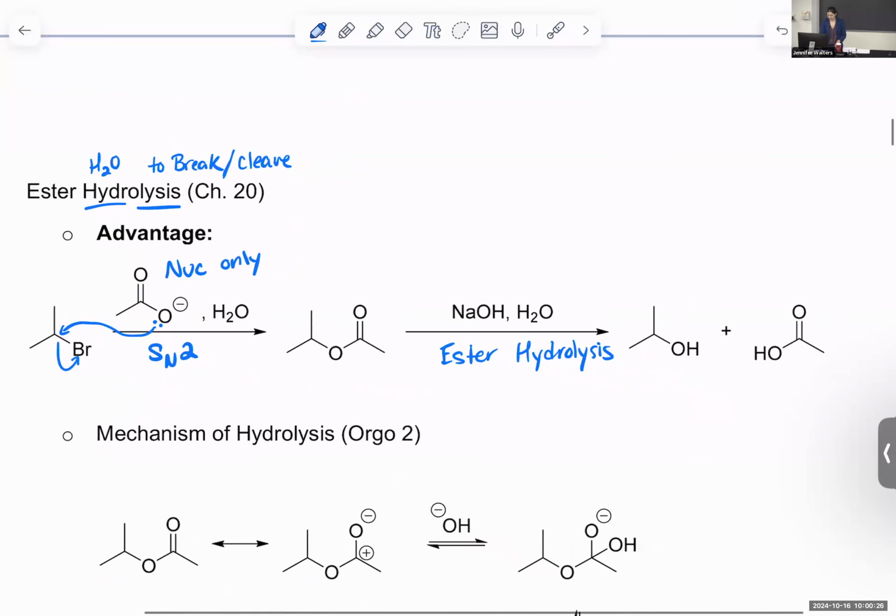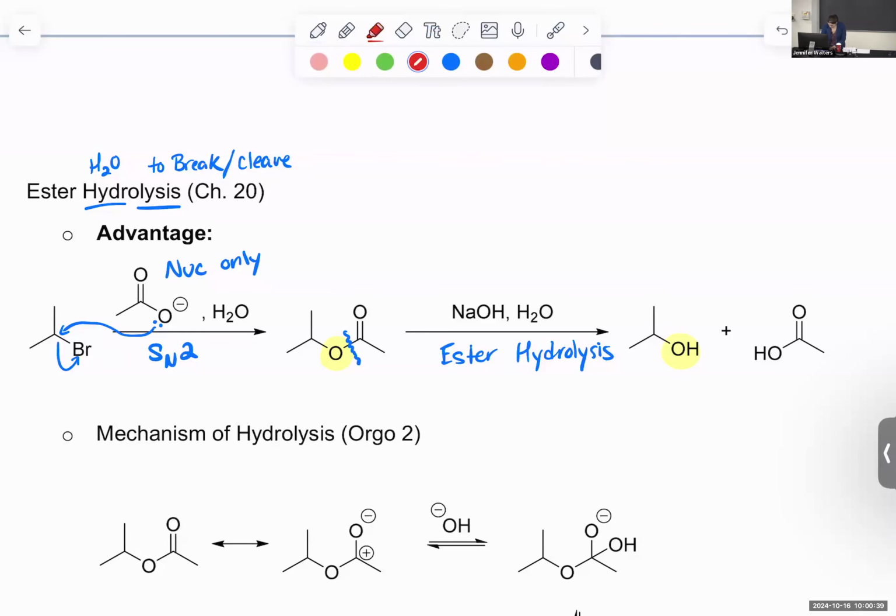And then the ester hydrolysis is going to cleave this bond so that this oxygen is that oxygen. This oxygen is going to be, actually it's one of these, it doesn't actually matter.